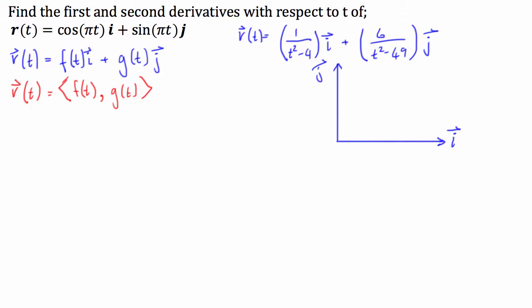For example, to find the derivative r prime of t, we would simply differentiate each of the components separately.